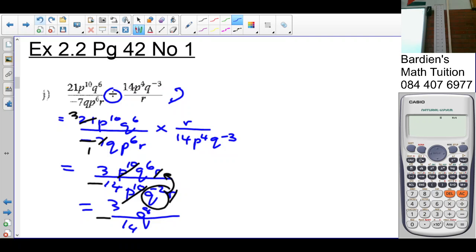Would you feel better if I write the r? Of course it would be wrong, because the r is cancelled, the r is gone. If we write the r, then we are saying it's r to the 1. Understand? So must you write the r? No.